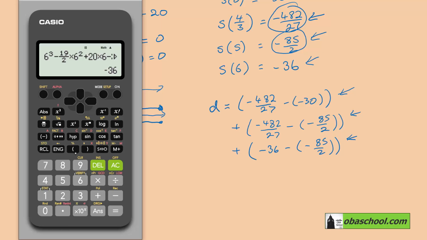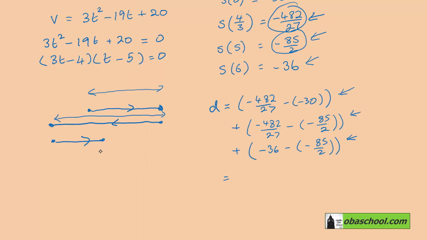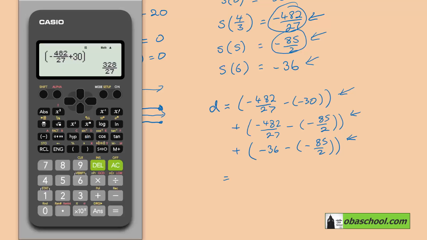So I have negative 482 over 27, essentially add 30. So that's 12.148. So that one is 328 over 27.